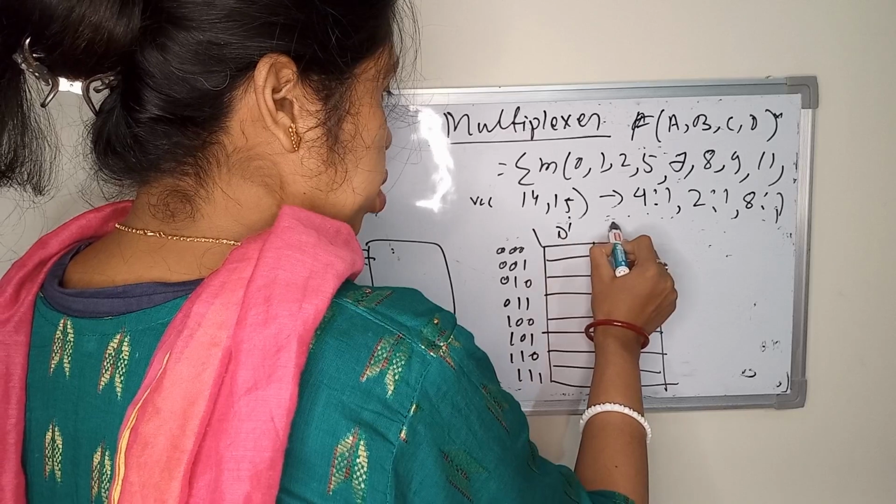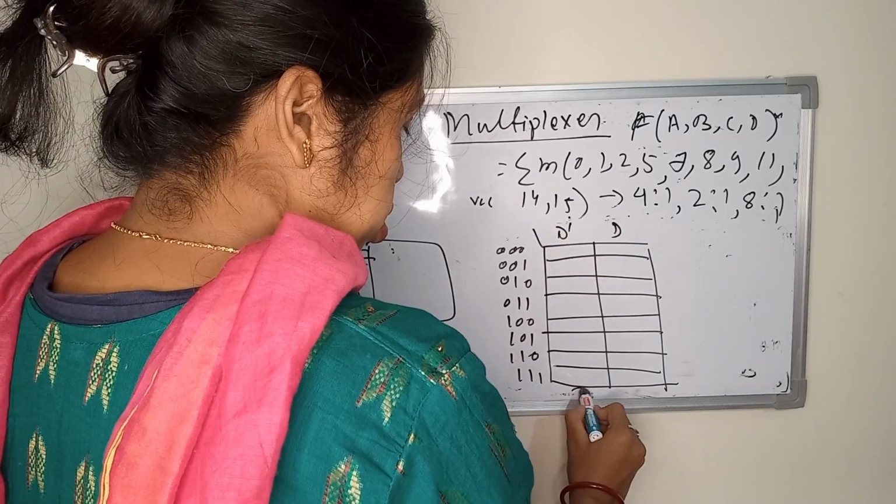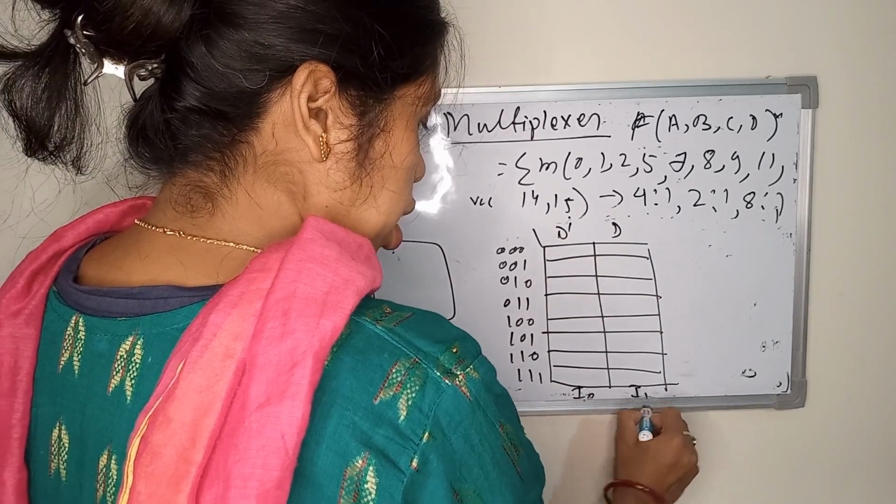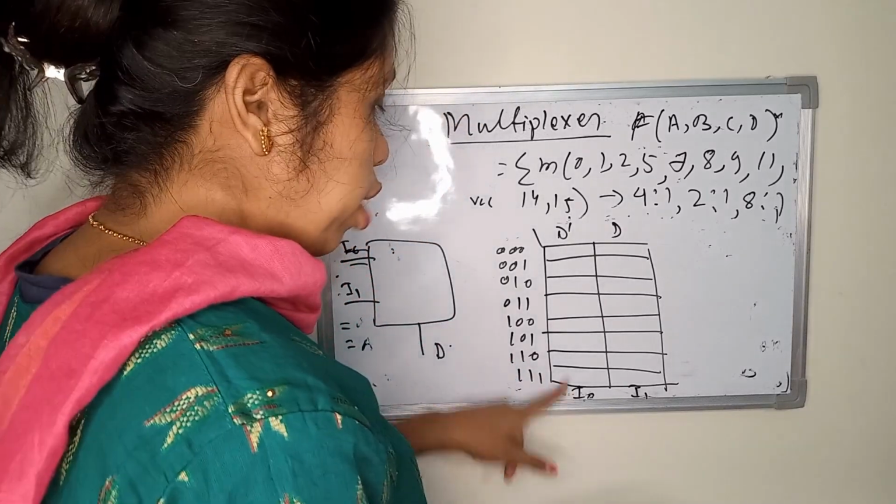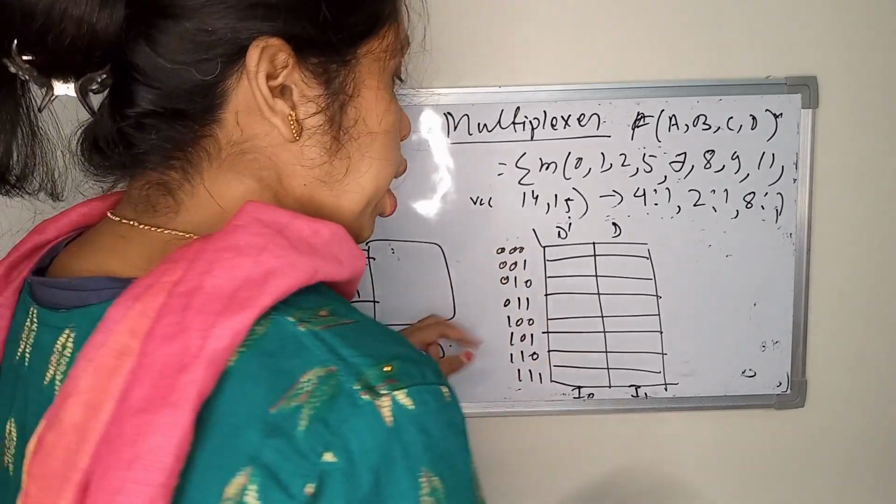Here it is D prime and D, or it is I0 and I1. So I want to get a relationship between I0 and ABC and I1 and ABC.